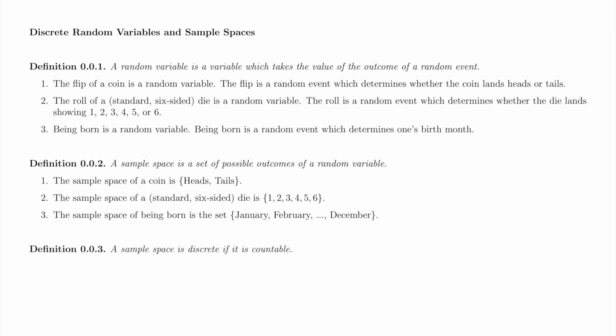This video is about discrete random variables, so let's say what it means to be discrete. It means that the sample space is countable. For our purposes, countable means finite. A sample space is discrete if it is finite, and a random variable is discrete if its underlying sample space is discrete. All of the sample spaces listed above, and therefore all of the random variables listed above, are discrete.